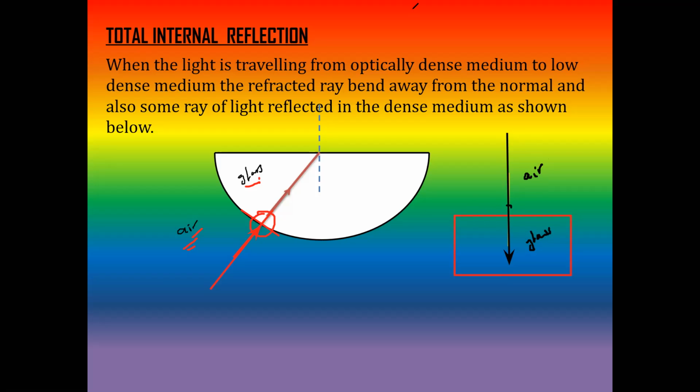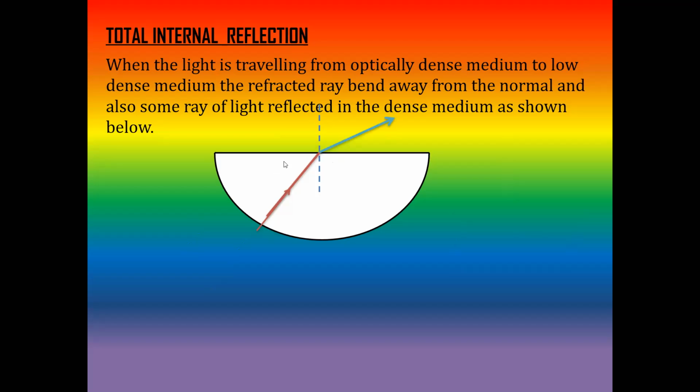If it was not along the normal, making a certain angle with the normal, in that case, as the speed decreases, it will bend towards the normal. So in this example, why does the light not change direction when it travels from air to glass? Because it is passing along the normal.